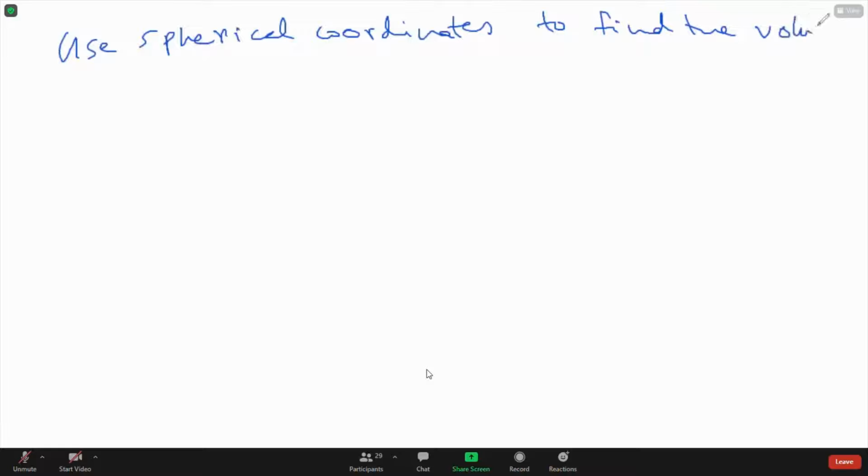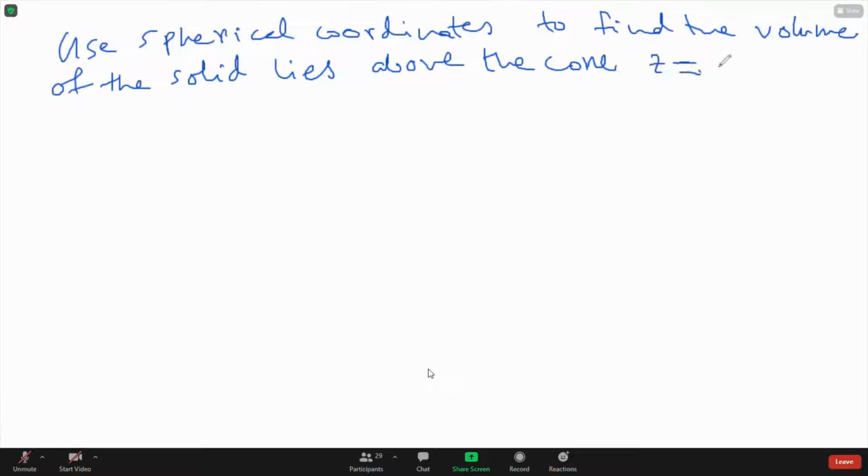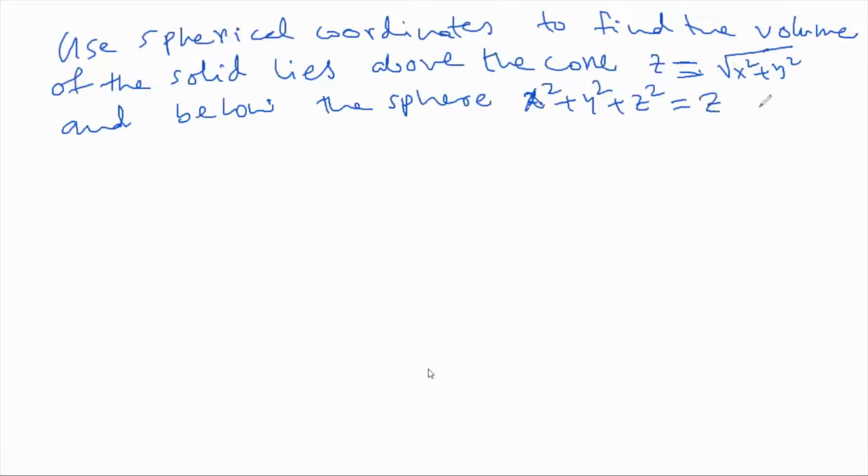So this problem is: use spherical coordinates to find the volume of the solid that lies above the cone z equals square root of x squared plus y squared, and below the sphere x squared plus y squared plus z squared equals z. Okay, so let's draw this.